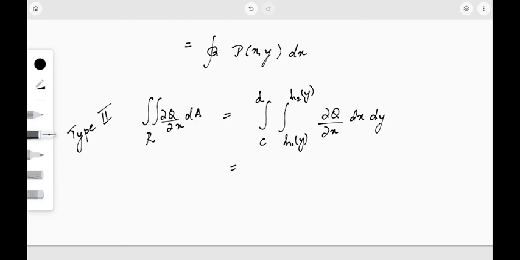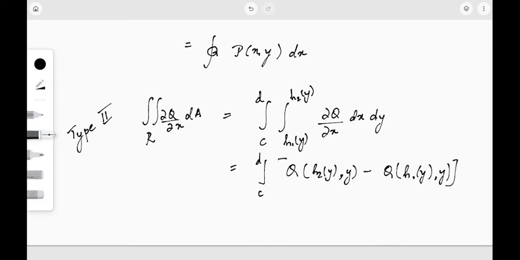So again, when we integrate dou q by dou x with respect to the x itself, we will get q of, instead of x we have to apply the limiting value, so it will be q of h2 of y comma y minus q of h1 of y comma y into dy, right?